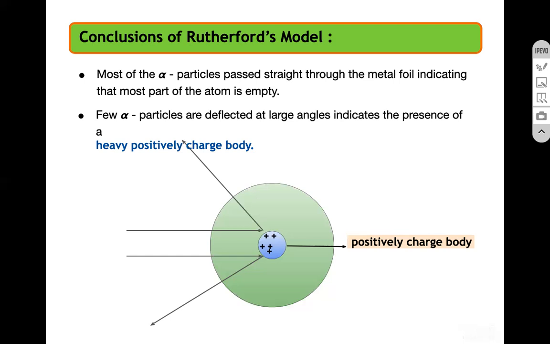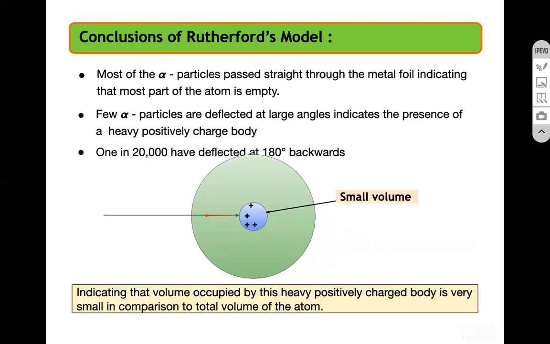Please could you explain the second point again, sir? Second point: few alpha particles are deflected at a large angle, which indicates that a positive part is there. Where is the positive part present in the atom?